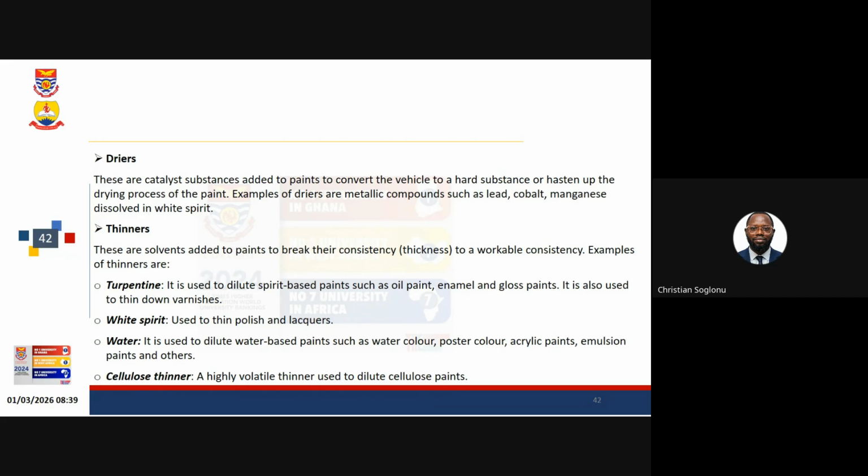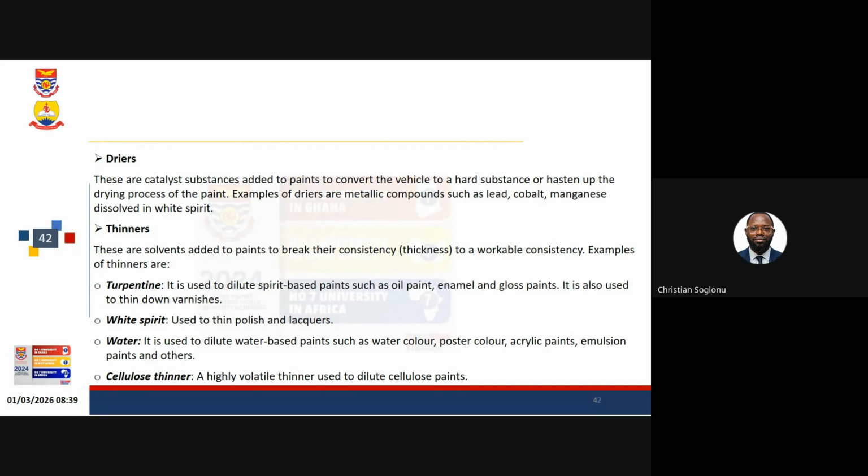The oilphilics are the wet media that you add oil to, and the hydrophilics are the ones that you add water to when you are using them. So the hydrophilics have their dryers, and the oilphilics also have their dryers that you add to the paint.